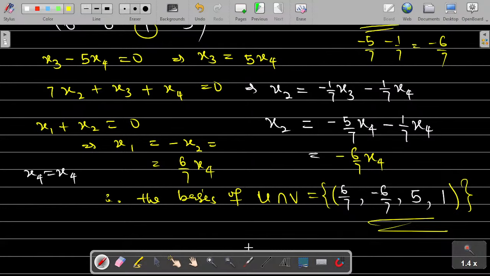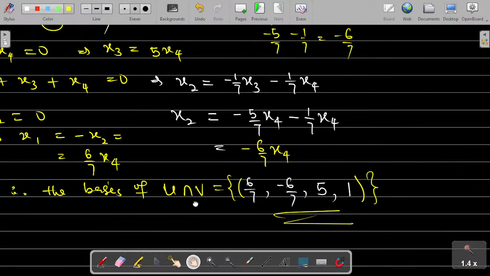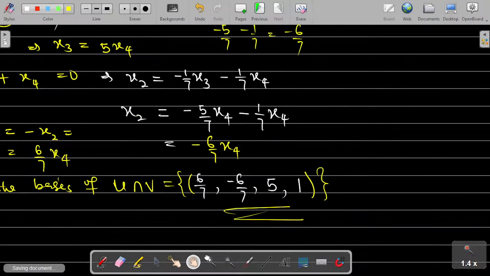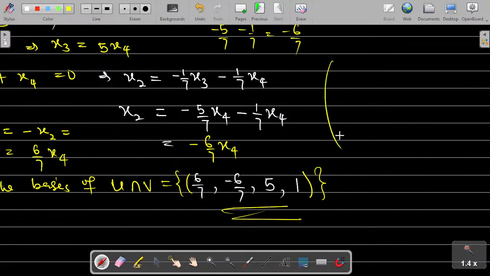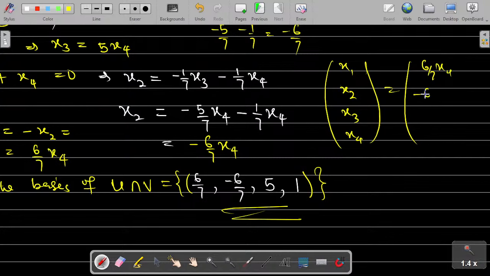But like I said, you can form that complete solution set that I used to form, so that you will be learning it. When I used to do x1, x2, x3, x4 here, you bring in your x1. X1 is 6 over 7 x4. X2 is minus 6 over 7 x4. X3 is 5 x4. And x4 is x4. So this is where I got this.